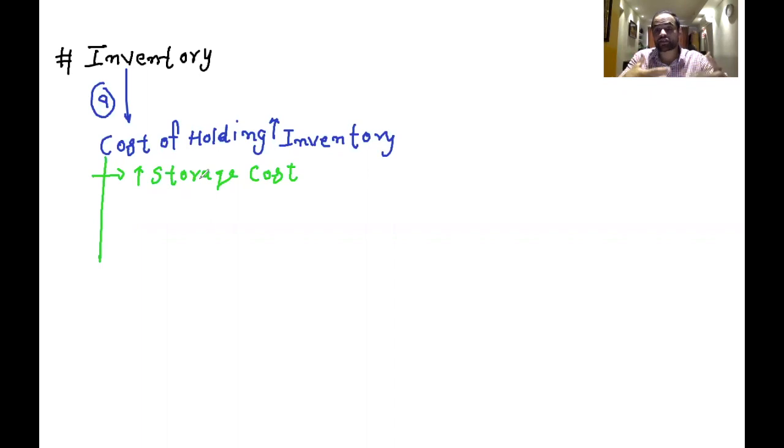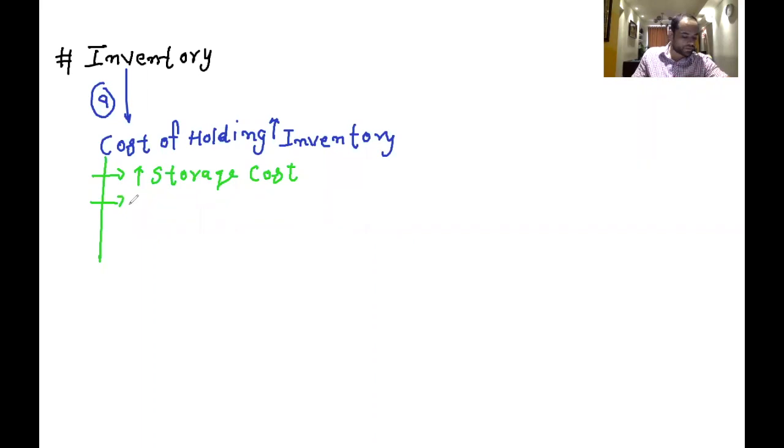You have to rotate the stock, so make sure we are using the right date stock. Make sure stock does not become outdated, right? So we have to rotate it. Such kinds of cost will lead to high storage cost, right?